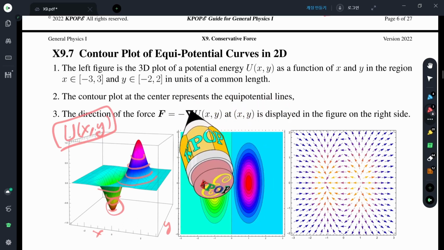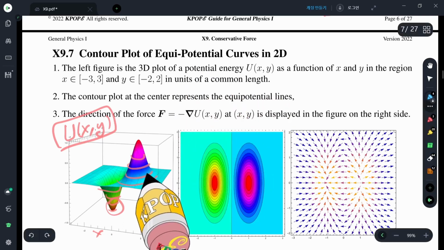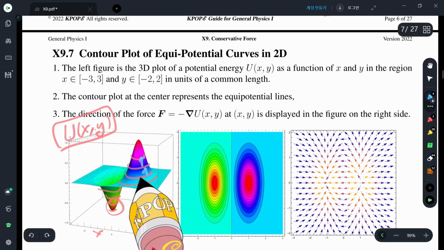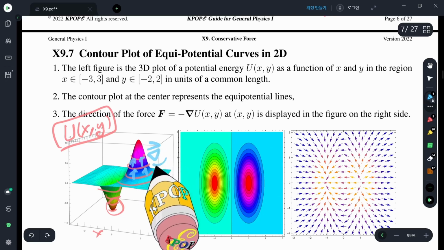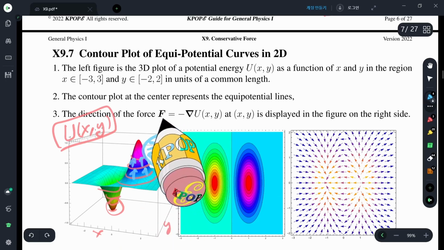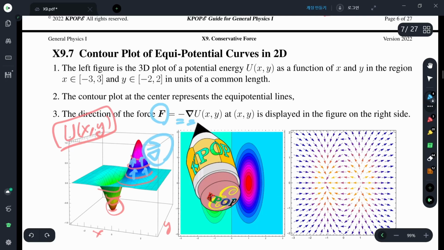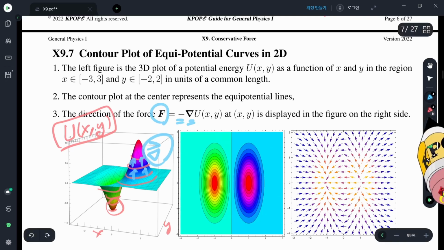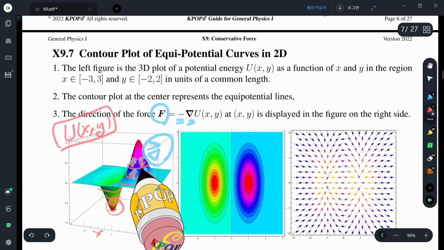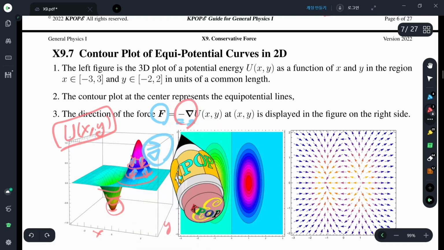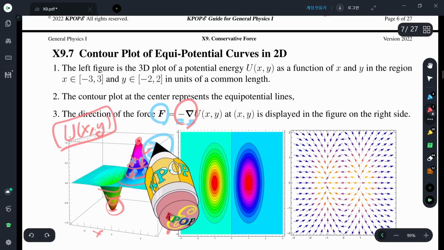And the gradient is heading from the lower potential to higher potential. This is gradient. However, the force is minus gradient. That means minus gradient is opposite to the direction of gradient. So minus gradient means from the higher potential to the lower potential.